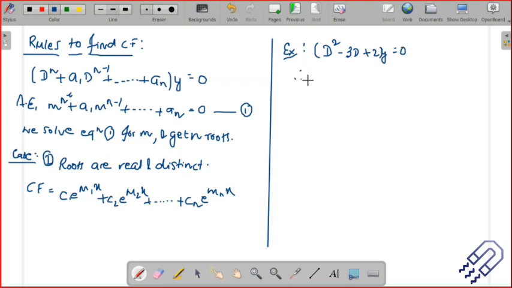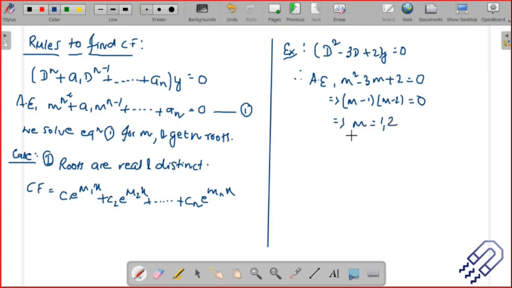If you want to write down the auxiliary equation for this, you can just simply write it down as m^2 minus 3m plus 2 is equal to 0. And from here you can use the quadratic formula, or you can actually split the middle term and solve it, right? And then if you split the middle term, I think it is (m minus 1)(m minus 2) is equal to 0. And from here you can easily say that the solution for this is m is equal to 1 or 2. So there are 2 distinct solutions.